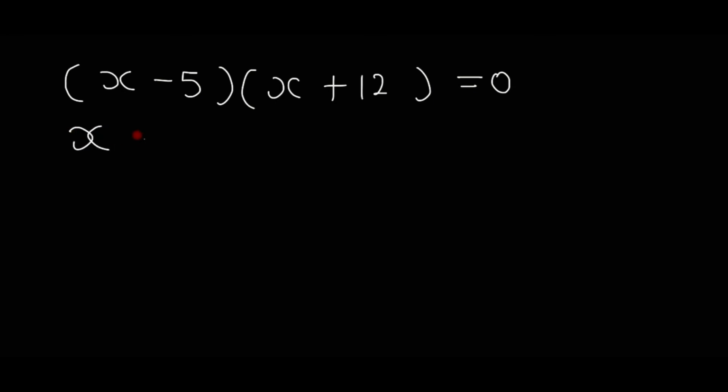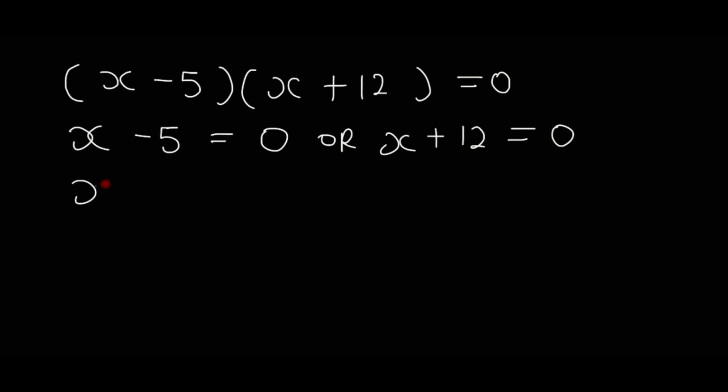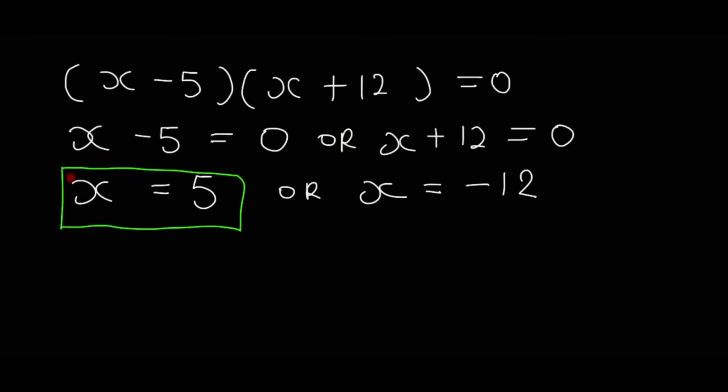So we say x minus 5 is equal to 0, or x plus 12 is equal to 0. Therefore our x is equal to 5, and then x is equal to minus 12. Remember this is the only step that earns marks. So just because you write x minus 5 is equal to 0, it doesn't mean you automatically get a mark for that. So this is the only important step. So this is our answer anyway.